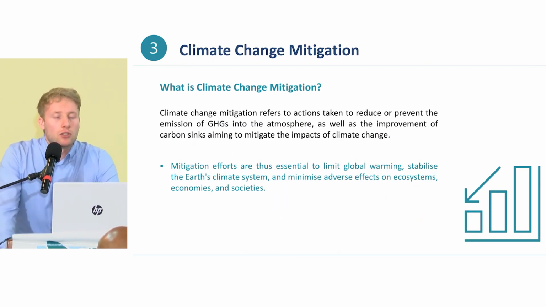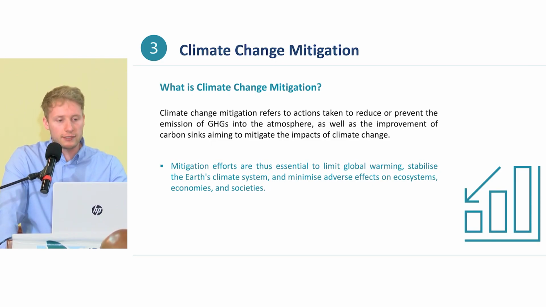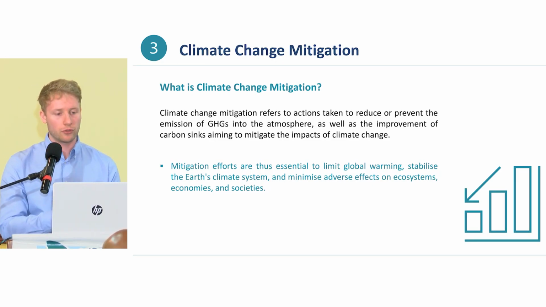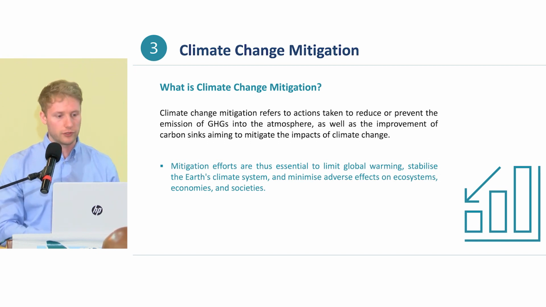Okay. So having spoken briefly now about greenhouse gases, how they are accounted for, and how it looks in the country, let's turn to climate change mitigation. What we mean by mitigation, I will read this because it's sort of an official definition, is actions taken to reduce or prevent the emission of greenhouse gases into the atmosphere, as well as the improvement of carbon sinks, aiming to mitigate the impacts of climate change, reforestation for instance.